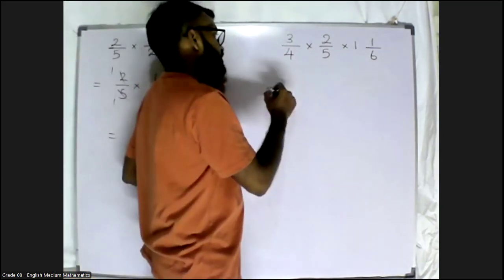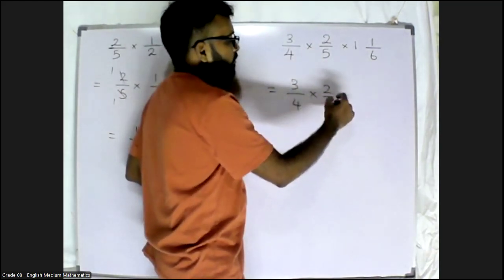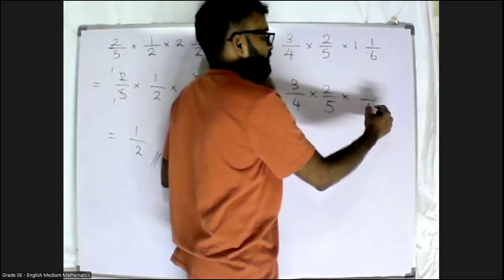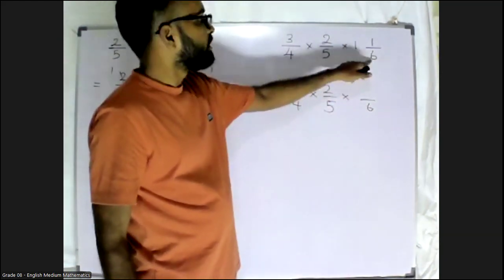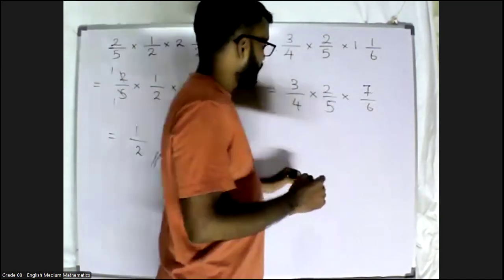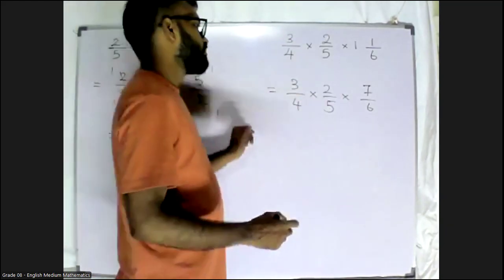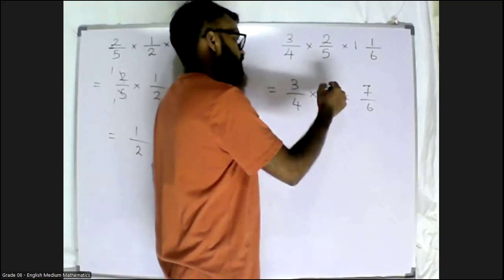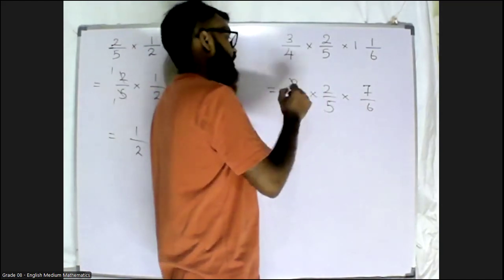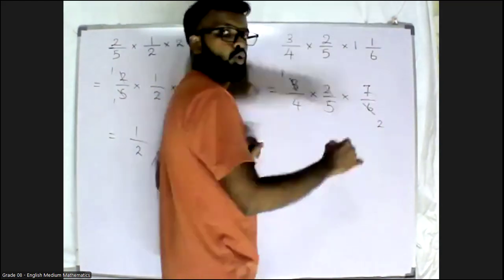This is the 12th one. Very easy. 3/4 multiplied by 2/5 multiplied by a mixed number. Denominator is 6. Convert this: 6 times 1, 6 plus 1, 7. Can you simplify this now? Yes, you can simplify. Here you have 3, here you have 6. 3 times 1, 3 times 2.